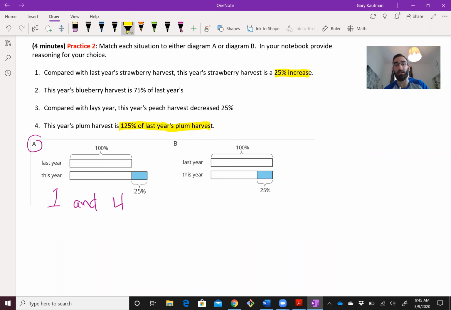So I'm comparing to last year always. On the other hand, B is a 25% loss. So 3 says a 25% loss, and 2 is 75%, which is representing a 25% loss from 100.